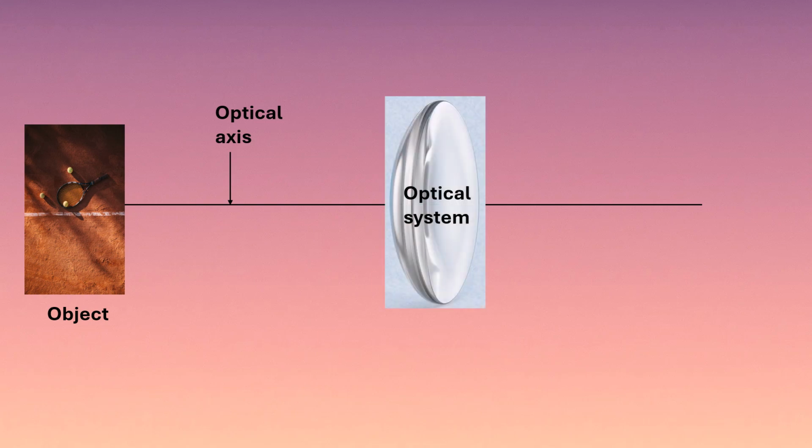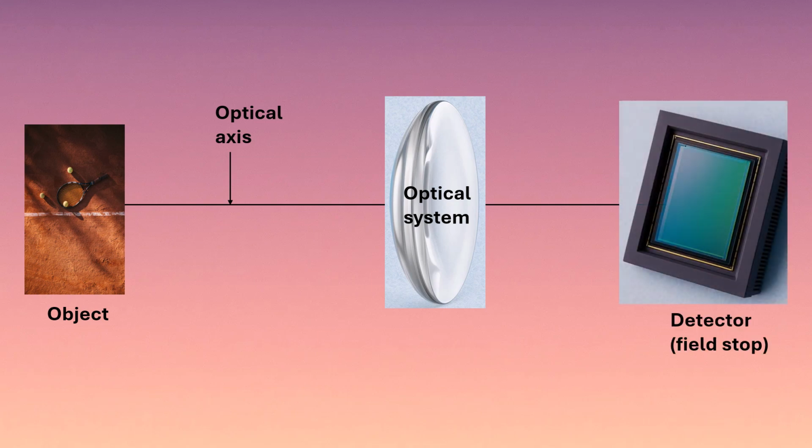Let's now introduce a few key definitions. Light travels near a central line called the optical axis. As we mentioned earlier, an object emits light in all directions, but only a portion of that light is directed toward the optical system. This light is then collected by a detector, but only within a specific area.